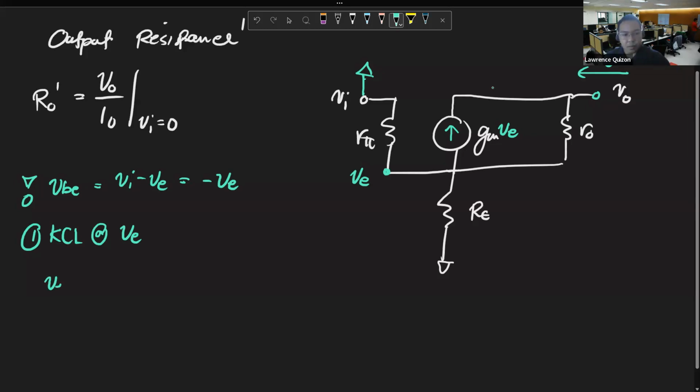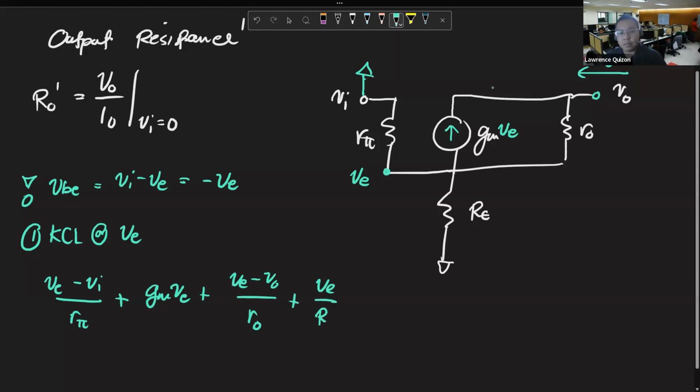So we're gonna have VE minus V in over R pi plus GMVE plus VE minus V out over R out plus VE over RE equals 0.